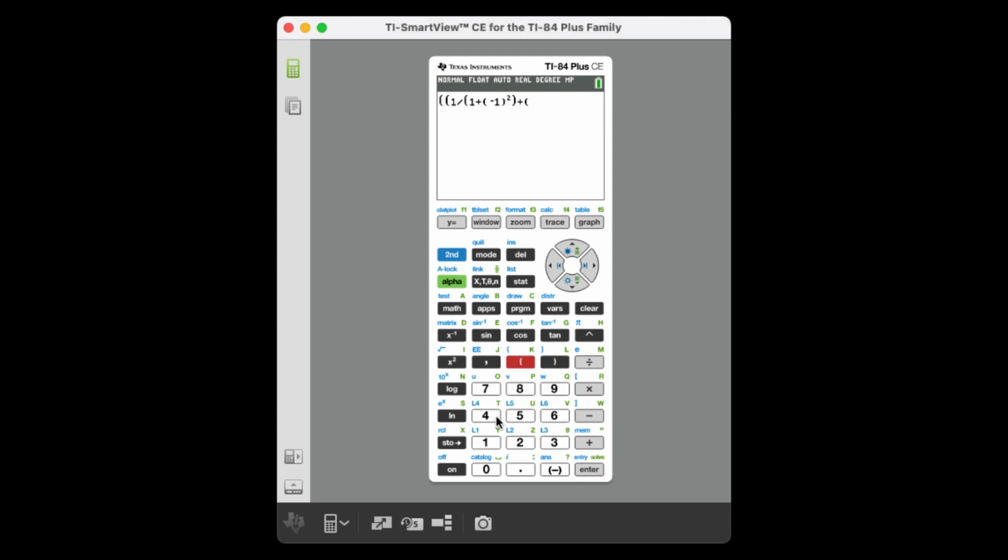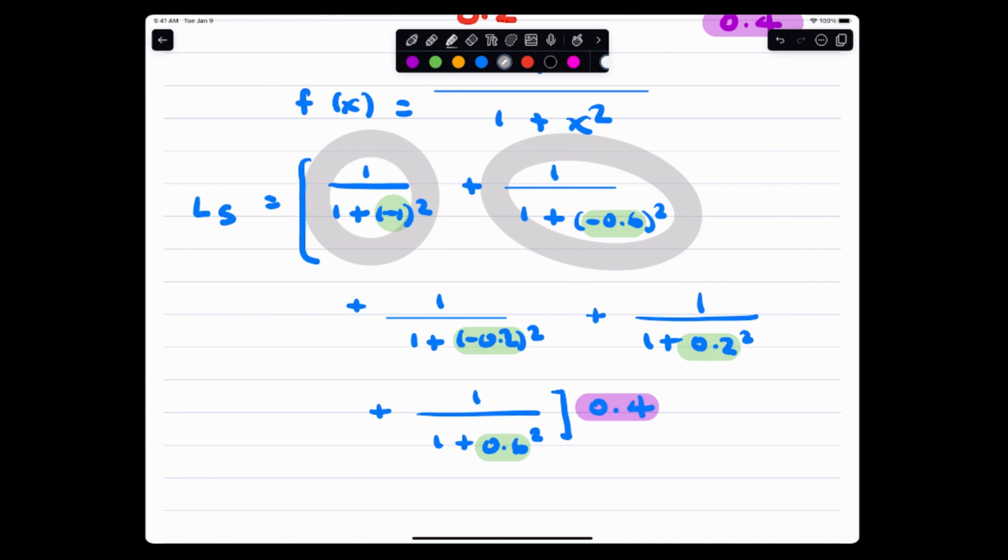Parentheses here. 1 divided by, parentheses, 1 plus, parentheses, negative 0.6. Close that and square it, and then close that parentheses. That's your second entry. All right, so you say, what did I just enter? This is here. Let's now do the third.